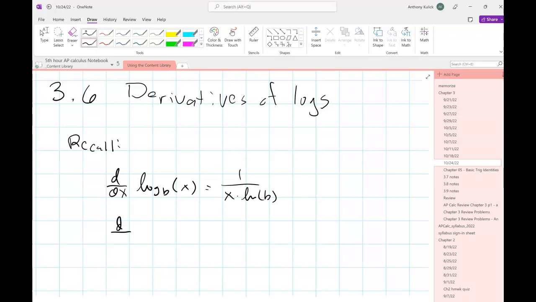So in the case of the natural log, that just turns into 1 over x times the natural log of e, but what's the natural log of e? 1, so it's just 1 over x, right?